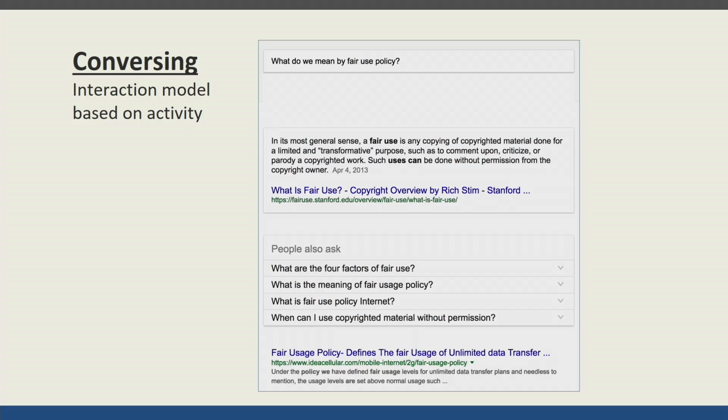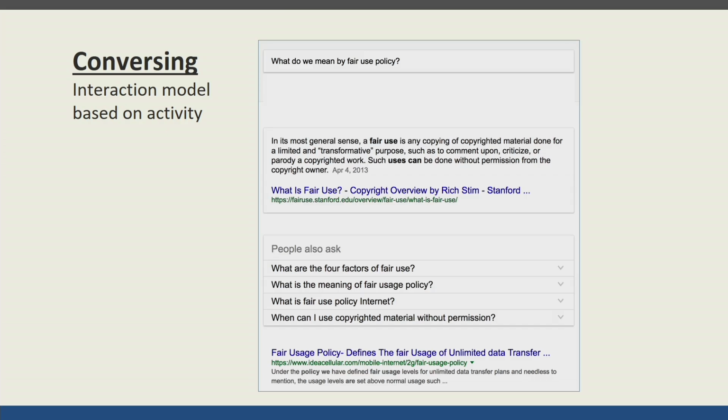Let me give you an example to help you understand this interaction model. What you are seeing on your screen is a natural language enabled search engine. Now, just look at the language that is being used to know about a particular topic. So what do we mean by fair use policy?